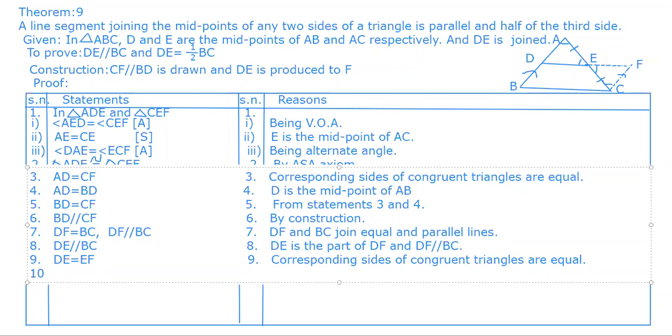From statement 9, DE is equal to EF. That is why we can write DE is half of DF.